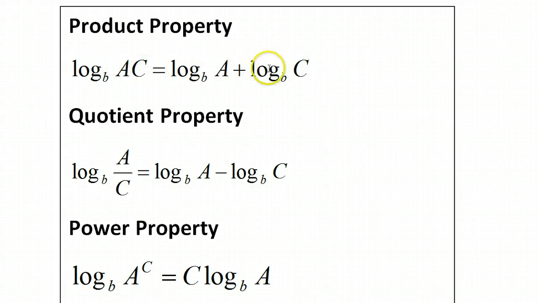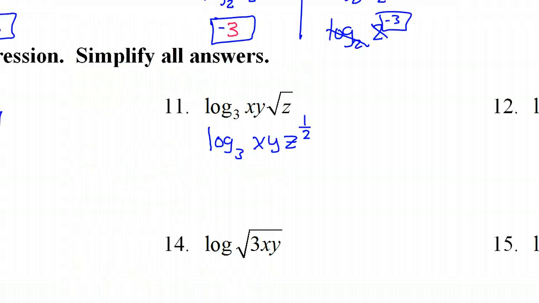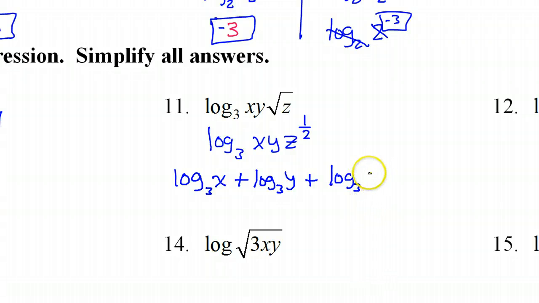A plus C plus D, if you will. Okay, so that's going to give us log base 3 of x plus log base 3 of y plus log base 3 of z to the 1/2 power.